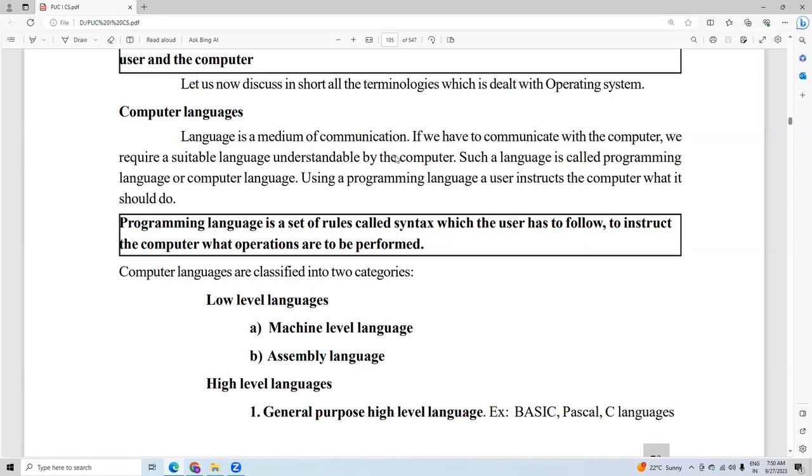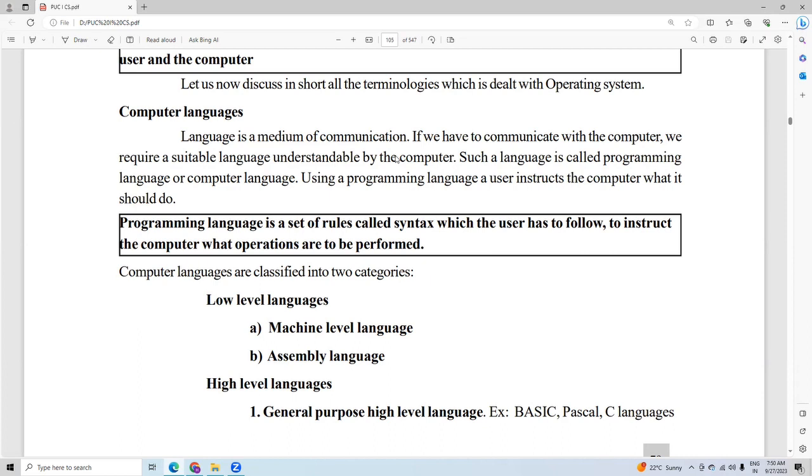That is also a language. Those who can talk, we use English, Kannada, Hindi. We use various languages for communication, right? In the same way, when you want to communicate with the computer, you need a language. So that language, we call it computer languages.